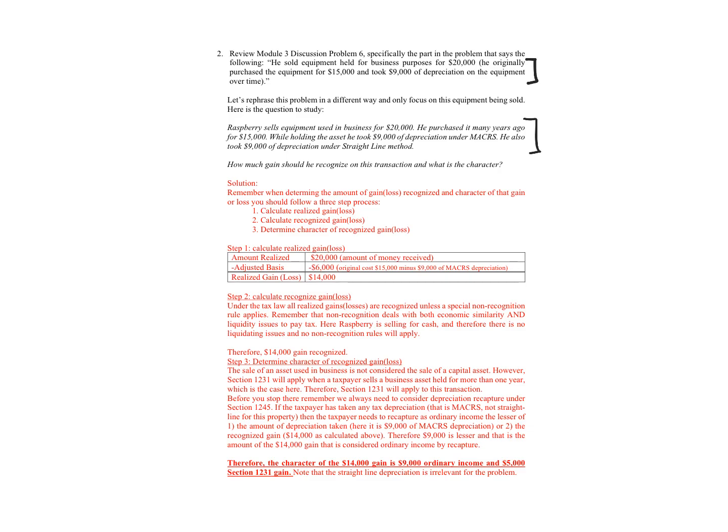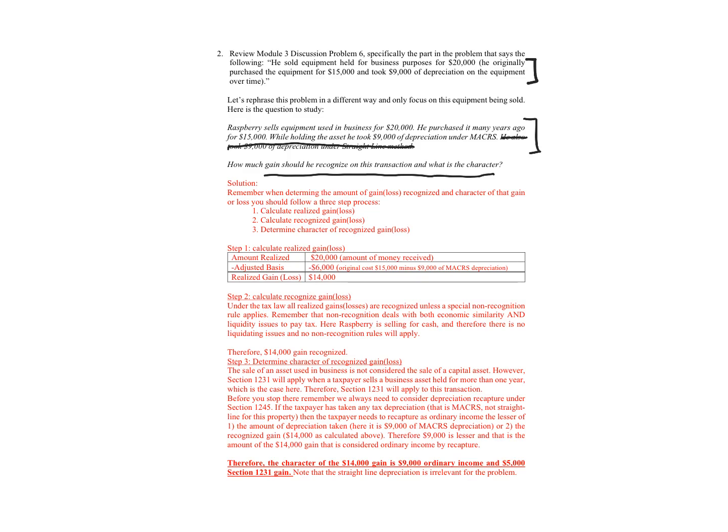We can pretty much ignore the straight line depreciation for financial accounting purposes because we're doing tax. This is a tax issue. So we just focus on what was taken for MACRS, which is what you use for tax, right? So I just crossed that out. So this question is asking how much gain should he recognize in the transaction and what's the character?